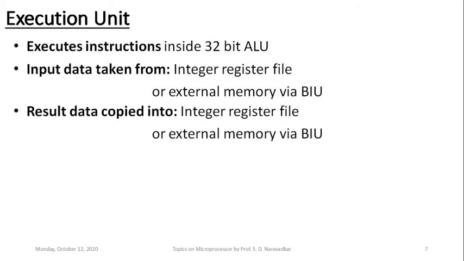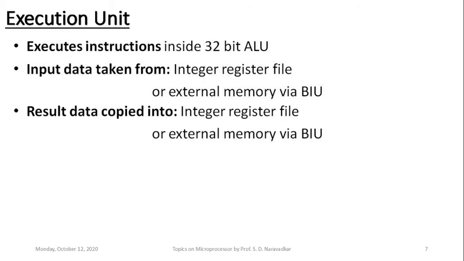Now once the execution is done, where is the result data to be copied? The result data is either copied to the integer register file, or it can be given back to the BIU through the 32-bit internal bus, and copied to an external memory location.